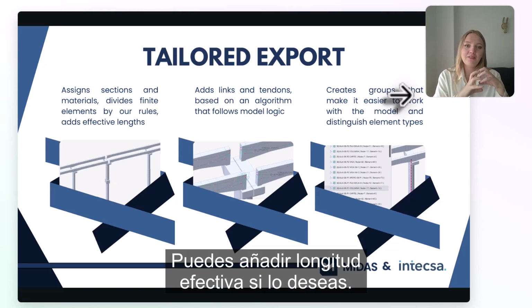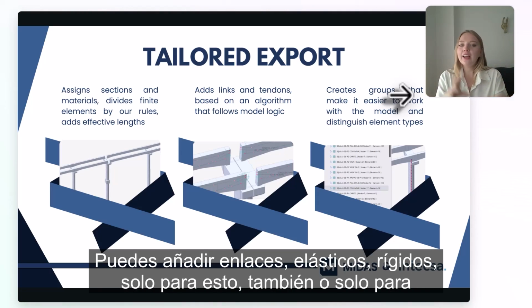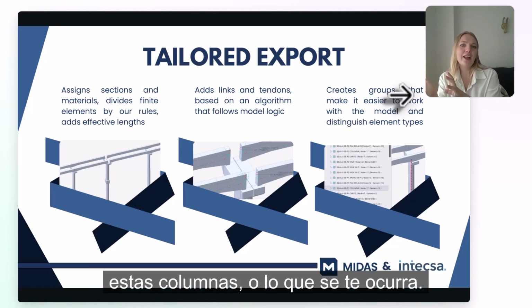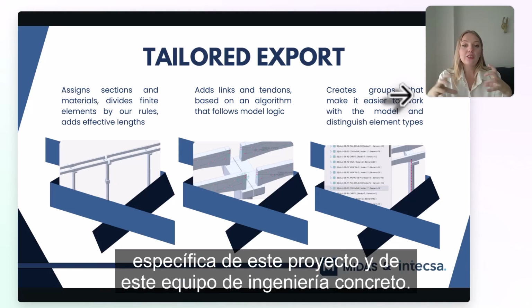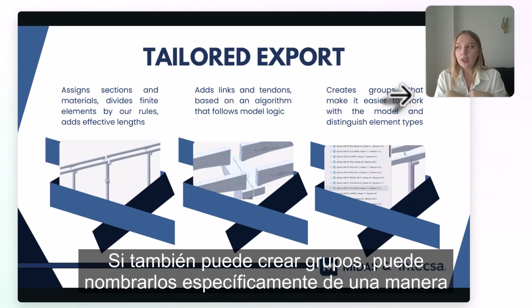You can add effective lengths if you want, you can add links, elastic, rigid, only for these kinds of capitals or only for these columns or whatever it can be in your mind. You can add tendons, and you do all this based on the algorithms and specific logic of this project and of this specific engineering team.